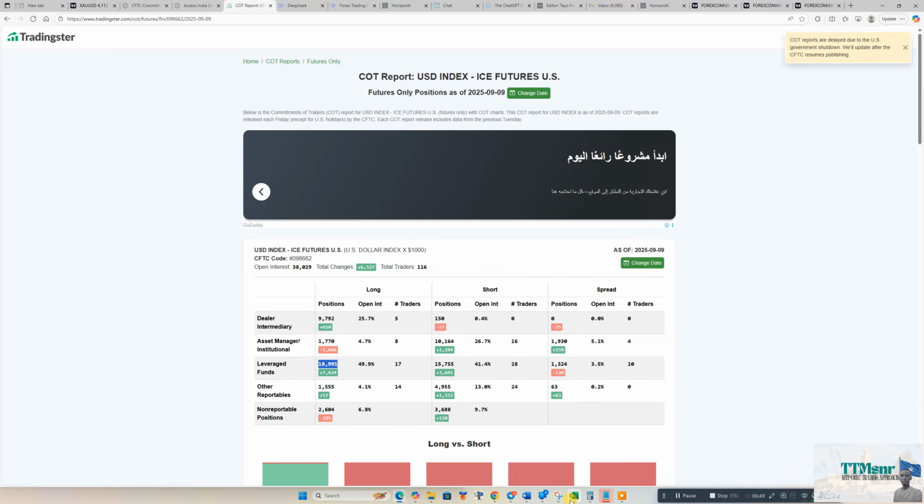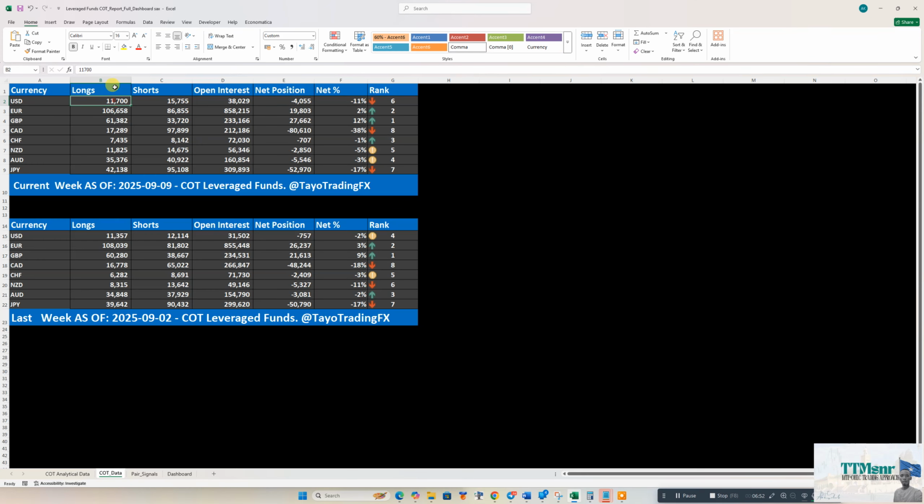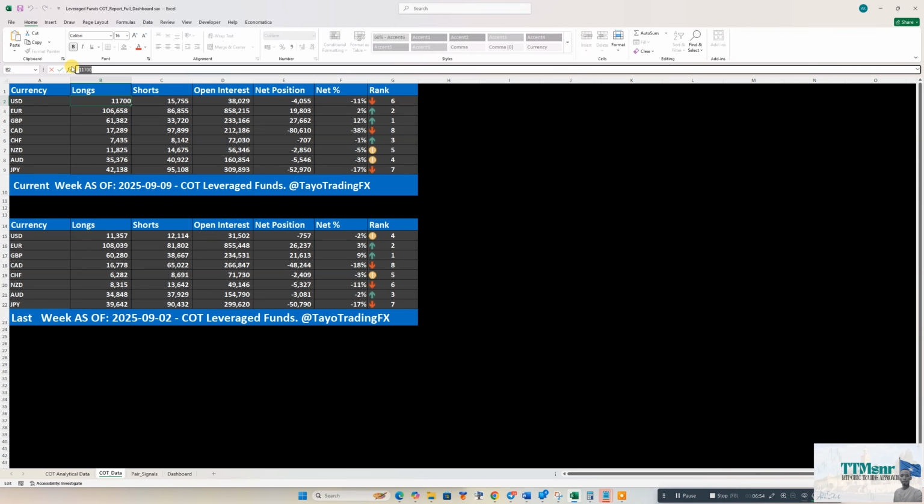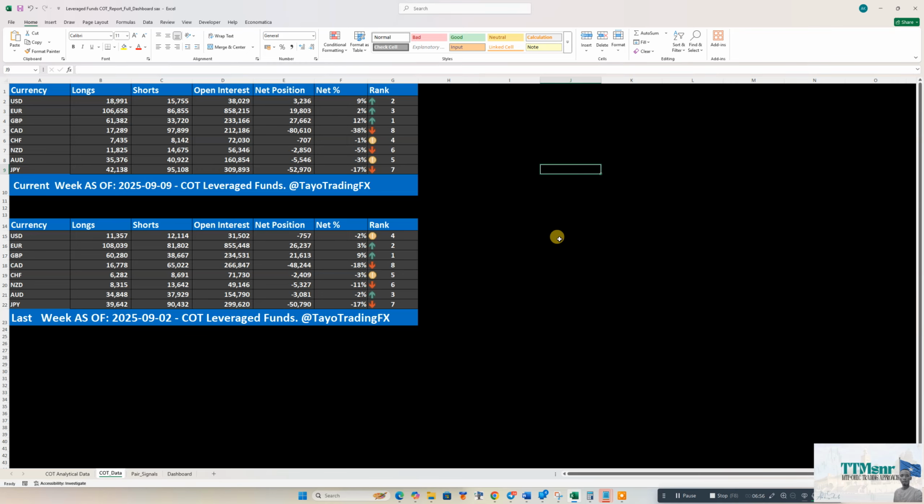The 8 currencies we will do the same, all of them.